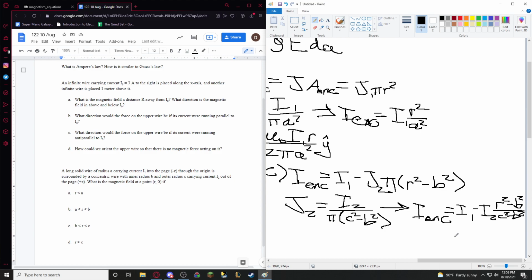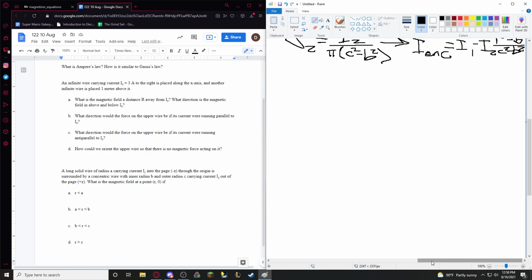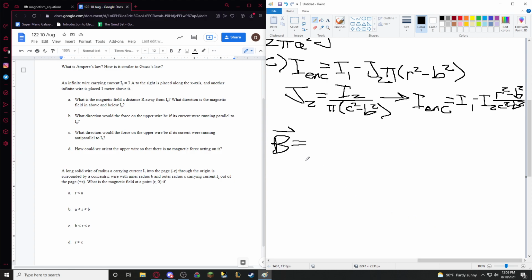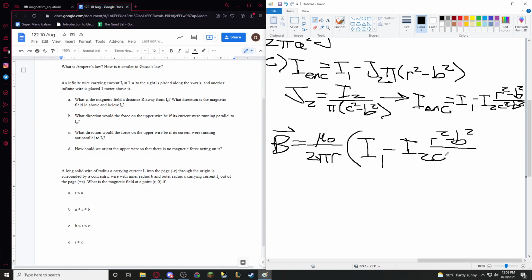Okay, so now we just plug it into Ampere's law, right? That's going to be a mess to try to simplify, so I guess just plug it all in. So mu naught over 2 pi r times all this ugly mess: I1 minus I2 times r squared minus b squared over c squared minus b squared.